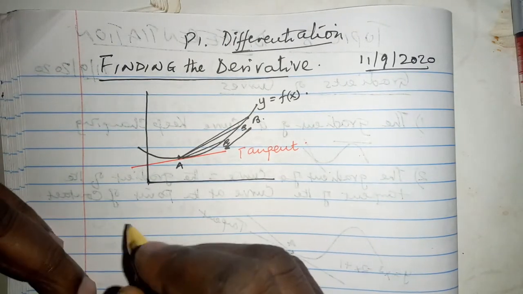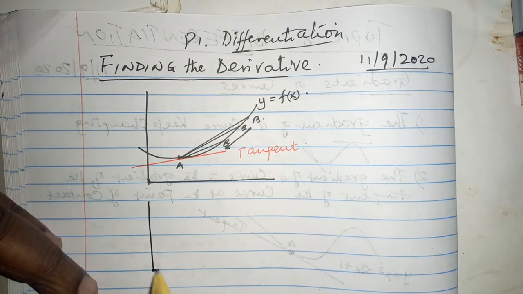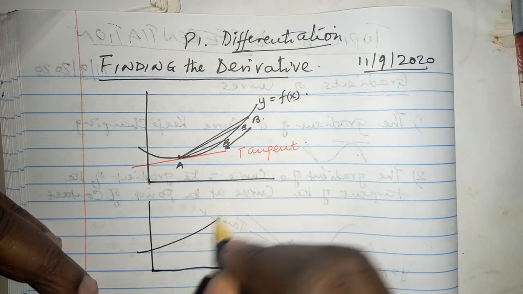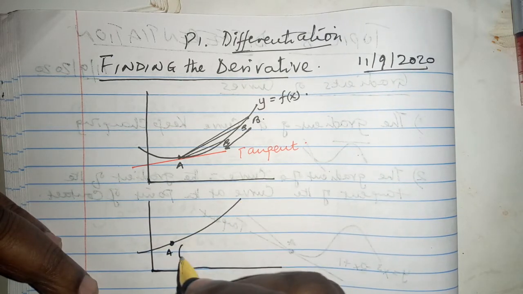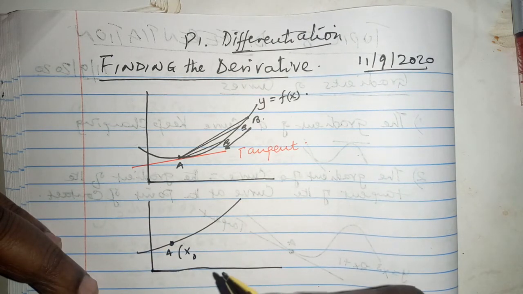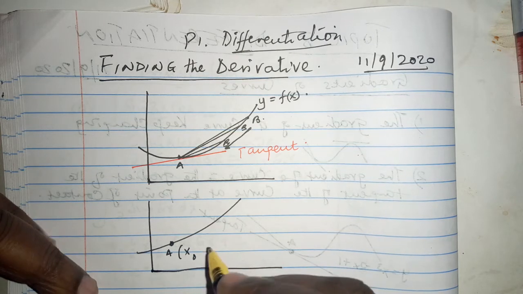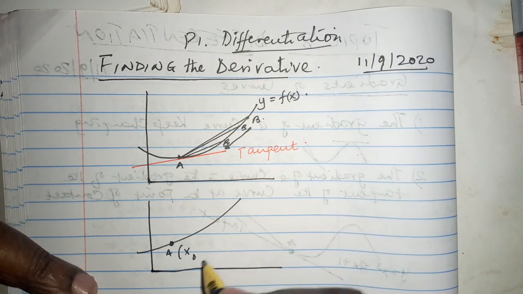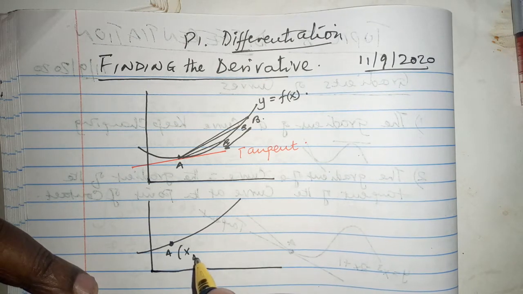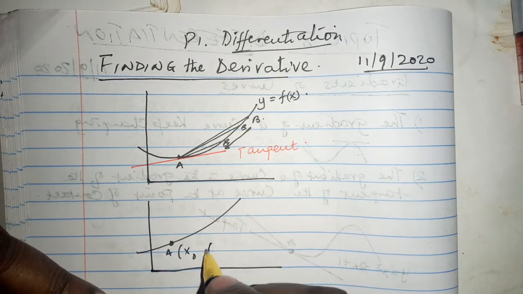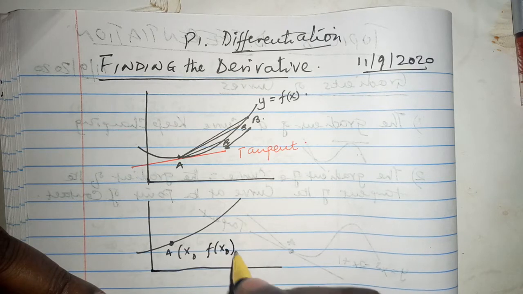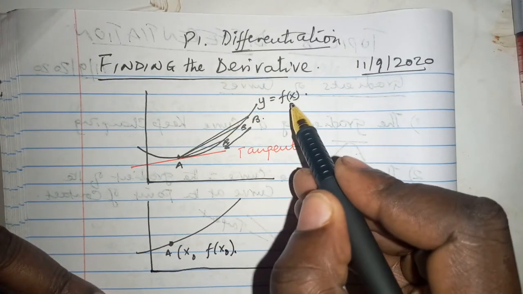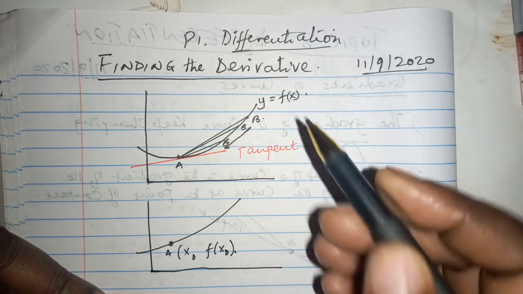Now we are talking about point A, and of course the x coordinate of A is x naught, and the y coordinate of A is f(x naught), because y is given by the function of x.